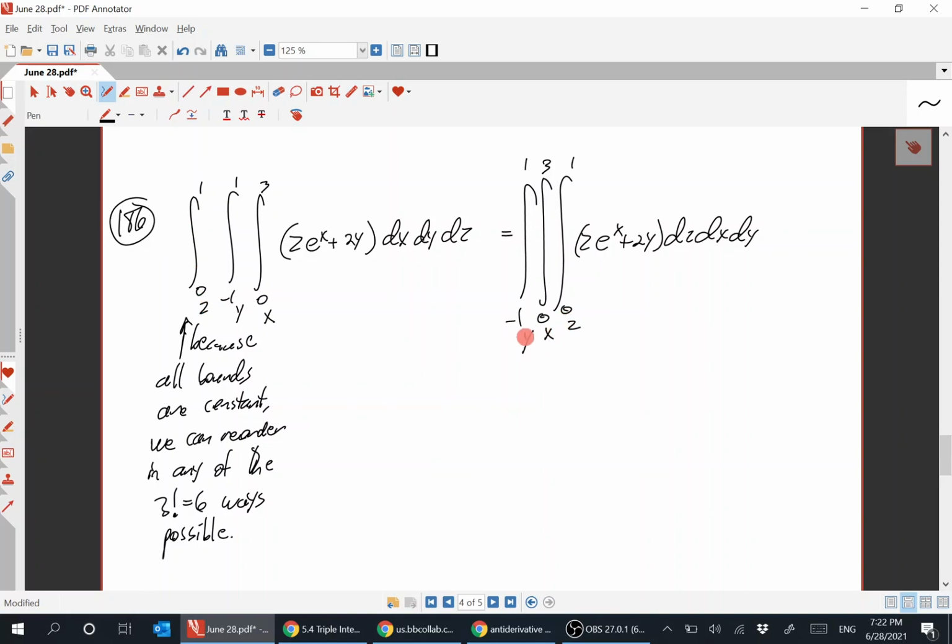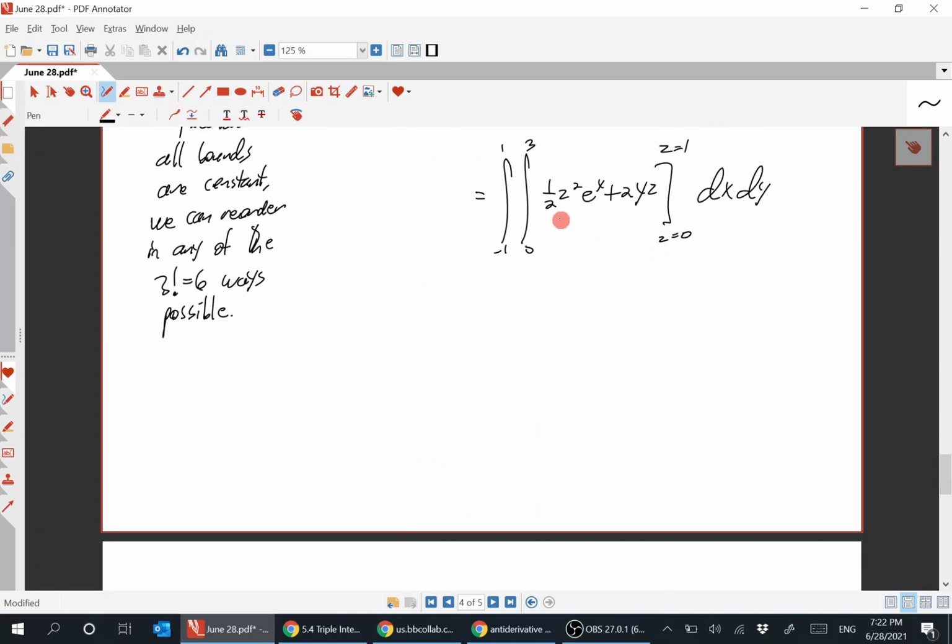So this is z, x, y from right to left. All right, so 0, 1, 0, 3, negative 1, 1. You can do that in any order that you like for a box. So we'll do the antiderivative with regard to z: 1/2 z squared e to the x plus 2yz from z equals 0 to z equals 1.